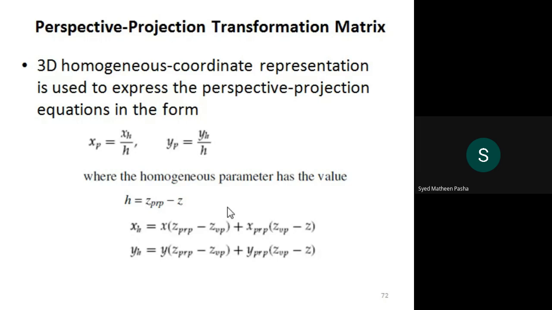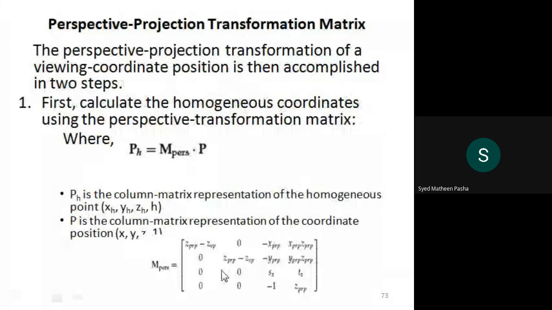Then the matrix representation with respect to homogeneous coordinates. How the matrix is represented is, first you calculate the coordinates with respect to the perspective projection, which is given by PH, which is given by the perspective matrix as a product with that particular point P, where PH is the column matrix representation of the homogeneous point, and P is the column matrix represented by the coordinate positions x, y, z, as well as 1.